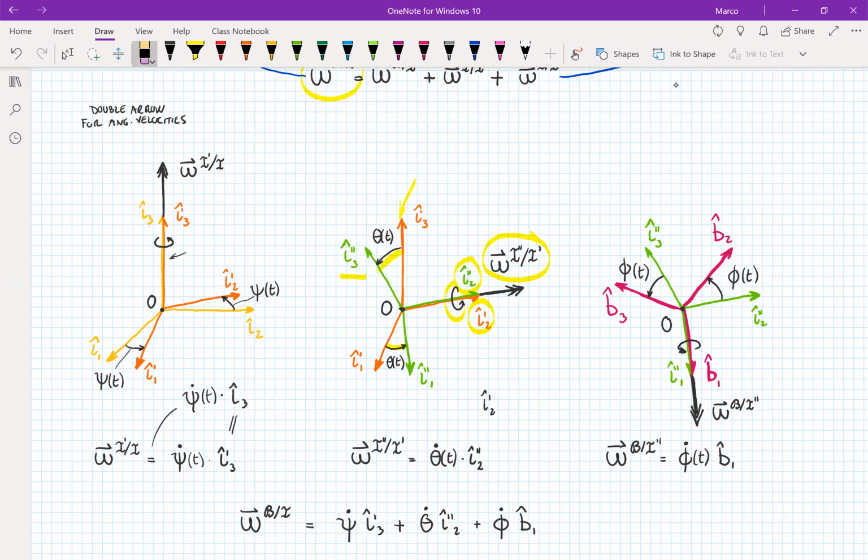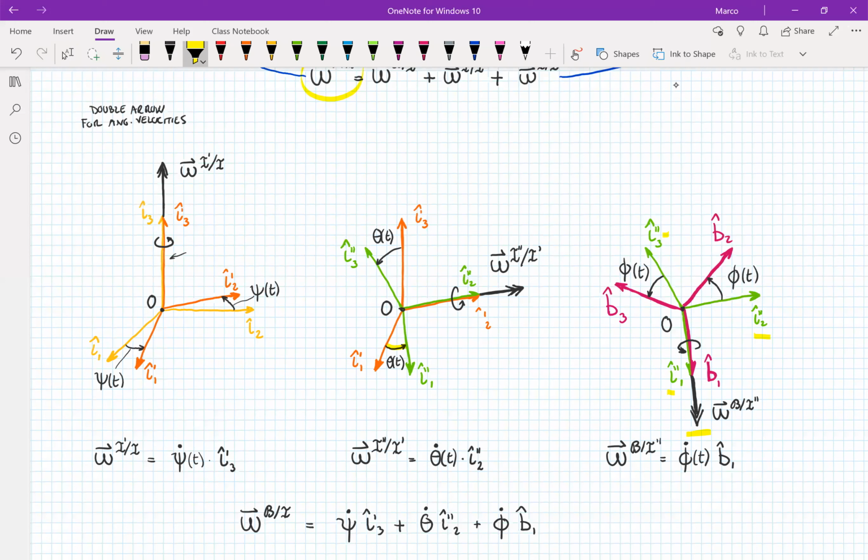Okay, so now let's move on to the third and final elementary rotation. So now we are rotating, I should say, from the I double prime reference frame, so from the green versors, we apply a rotation about the new x-axis in order to get to our body frame of reference, which is indicated by the purple arrows.